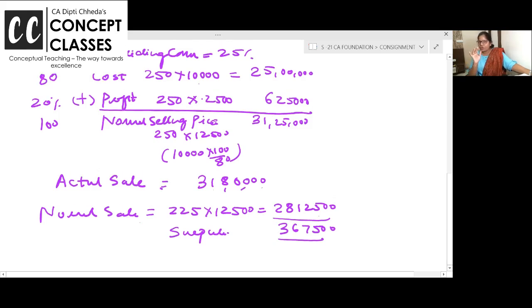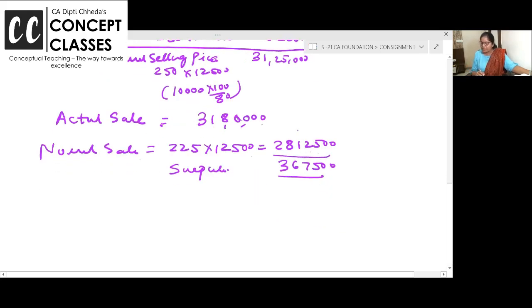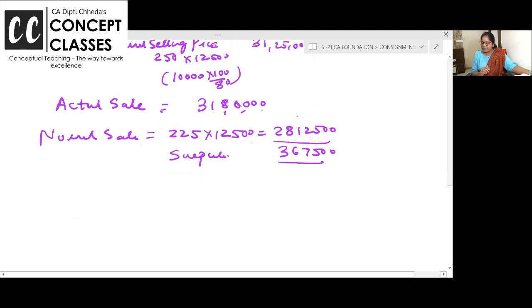Put your pens down. 2 minutes. No. 225 units, sell at 12,500. We have told you. Sell it at 20% profit on sales. But you sold it at 14,000 and 14,500, quite above. So you generated a surplus of 367,500.